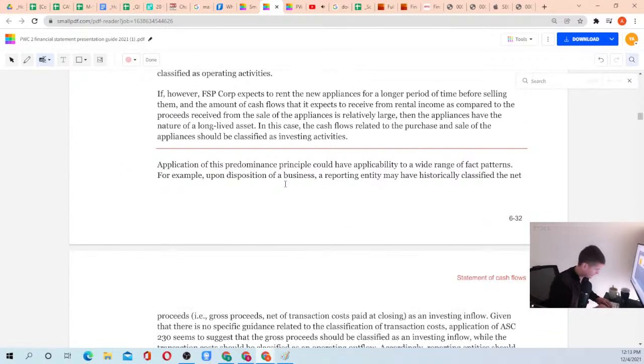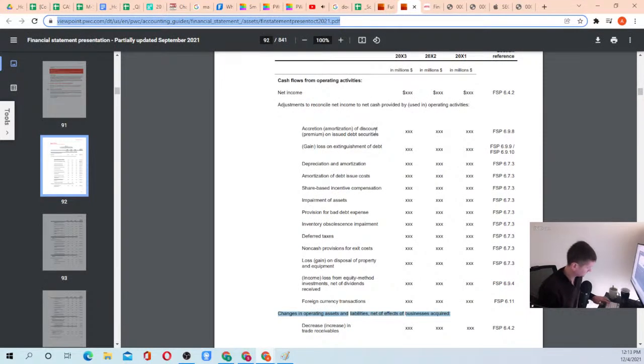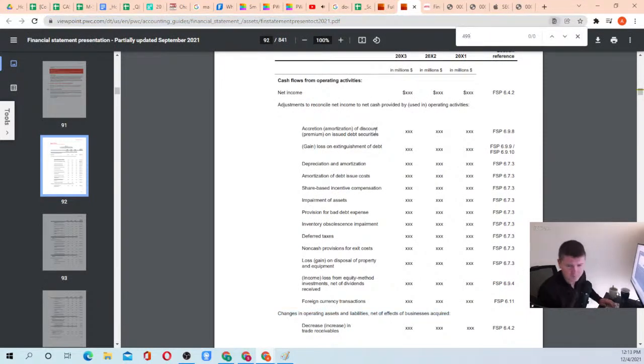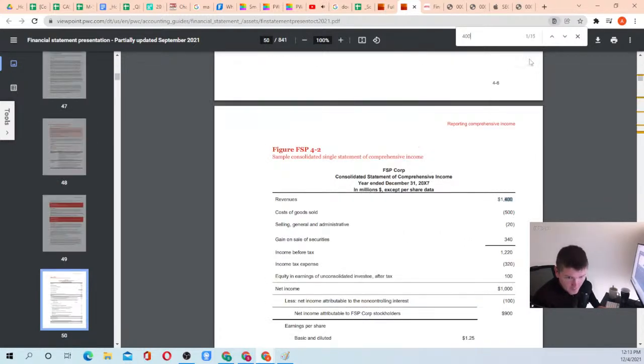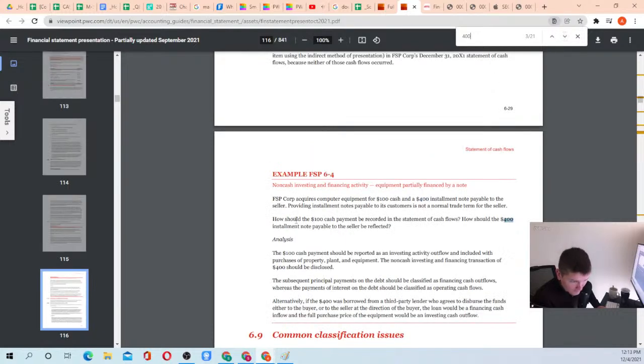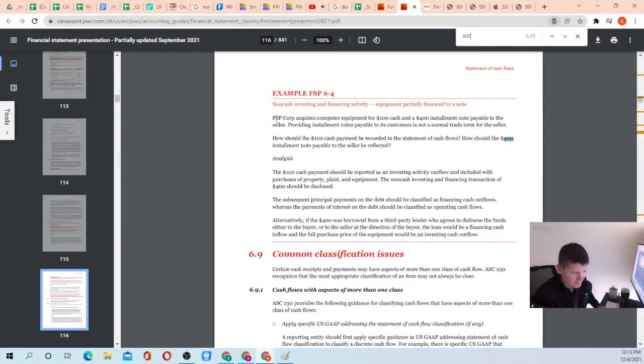Let me try to find it. FSP Corporation acquires computer equipment for 100 cash and a 400 installment note payable to the seller.